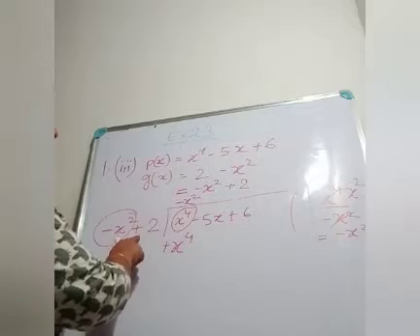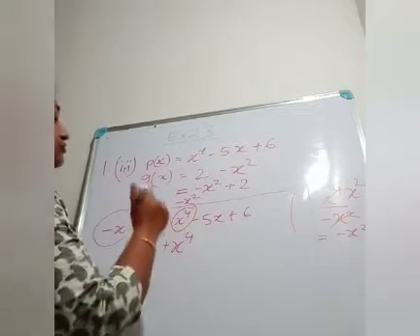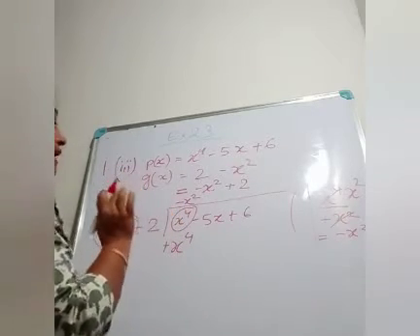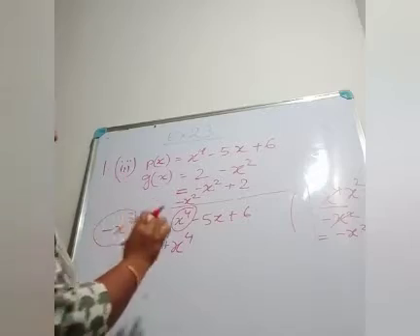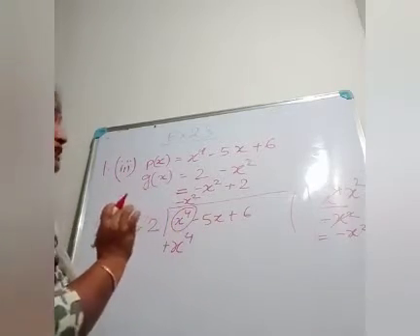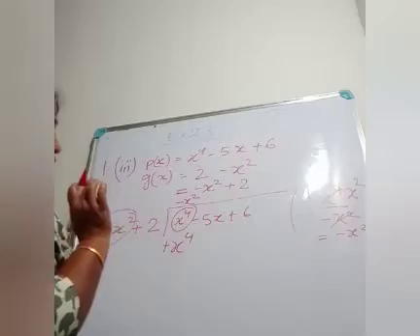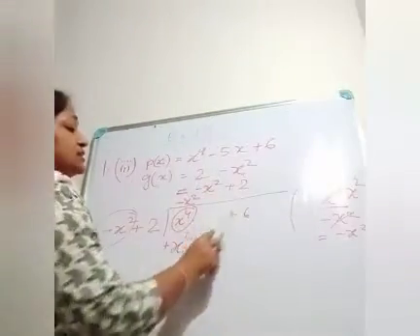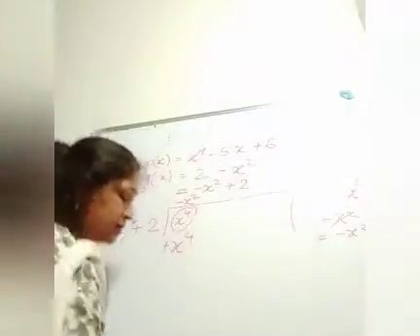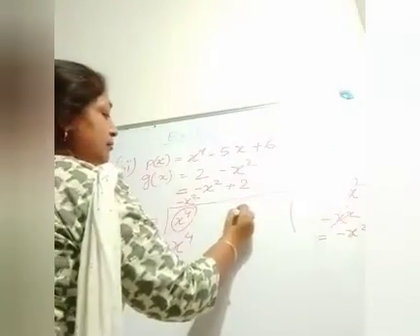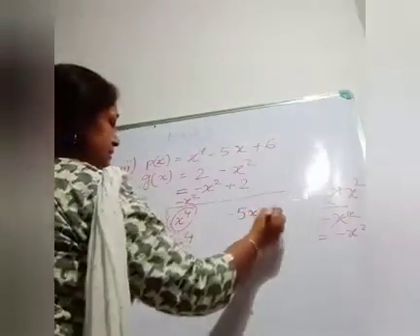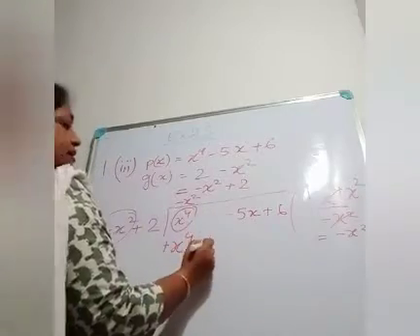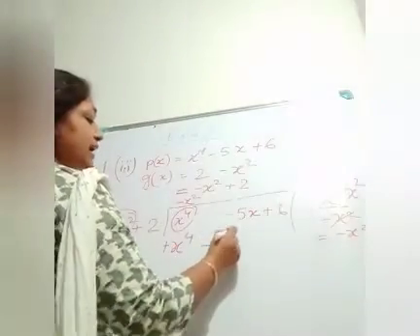Now multiply plus 2 with minus x square, then the product will be minus 2x square. Is there any term with x square in the dividend? No. Then what will you do? You leave some space for this, like this, minus 5x plus 6. So write here minus 2x square.